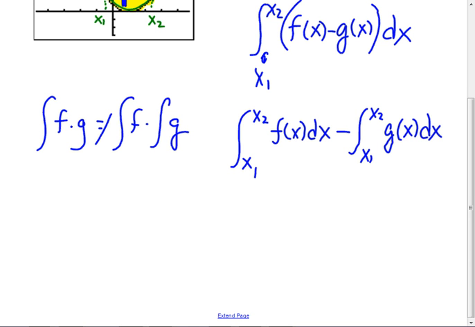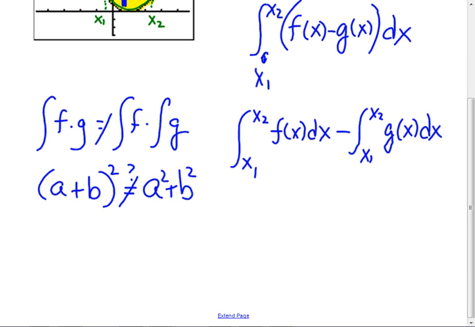And one of the problems we have with this is you tend to think everything distributes over everything, and things don't. What about exponents? Do exponents distribute over addition? In other words, is it a squared plus b squared? No, but integrals do. If you think about it, it is. But now, integrals don't distribute over multiplication, but what about my exponent over multiplication?